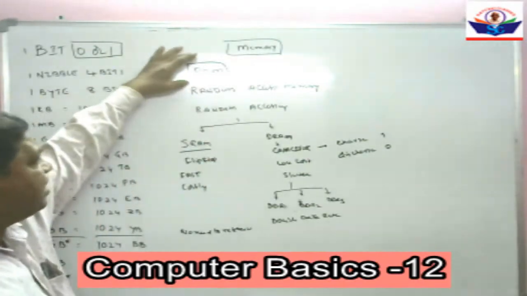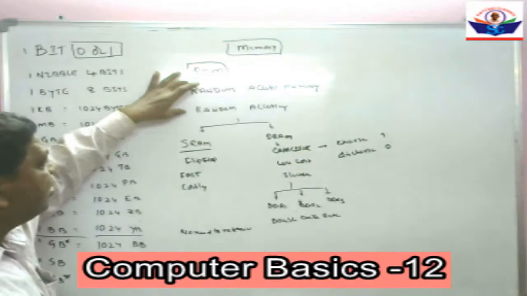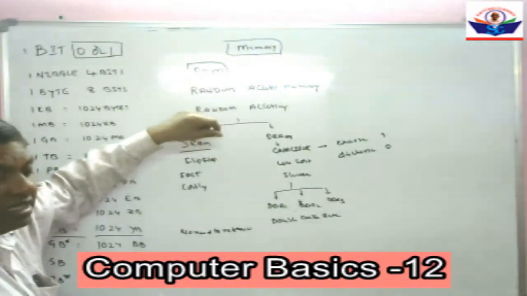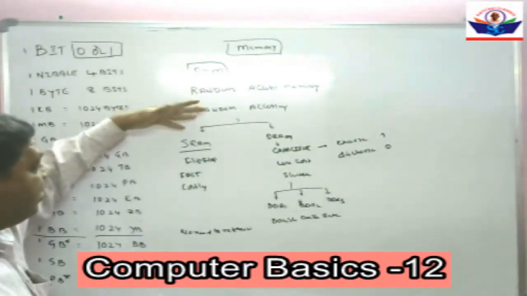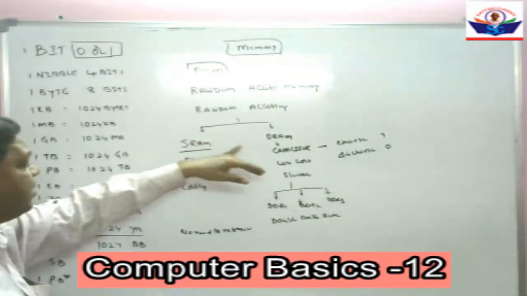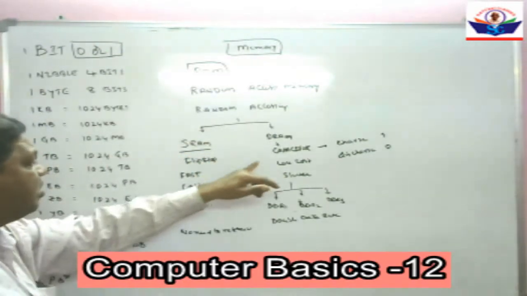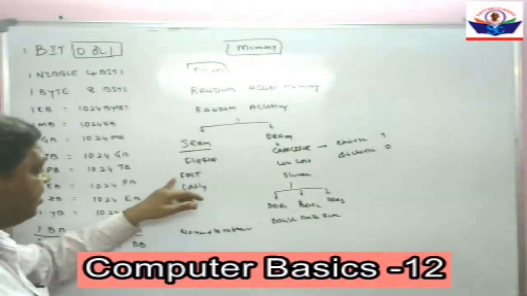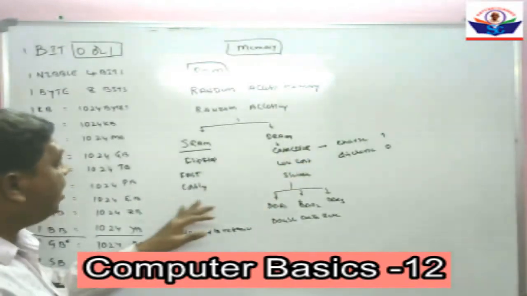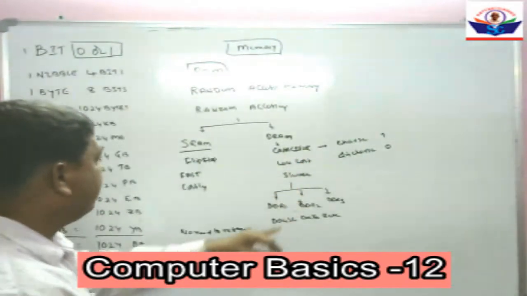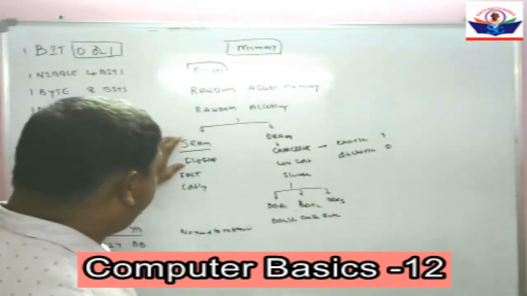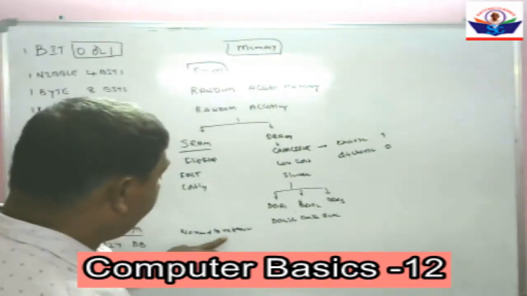So RAM stands for random access memory, which means we can randomly access the memory. It has two types, SRAM and DRAM. SRAM is faster than DRAM. As SRAM is made up of flip-flops, there is no need to refresh.